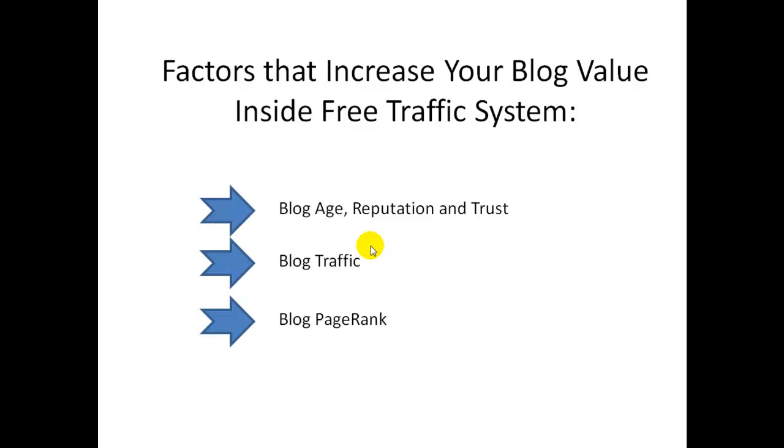If a blog has many years of age, it means this blog has managed to survive lots of Google changes, and it managed to gain certain reputation and trust in the eyes of search engines and on the market. So if your blog has managed to get certain value that contributes to this particular point, it means one of the factors that increase the price of your publication is already in your pocket.